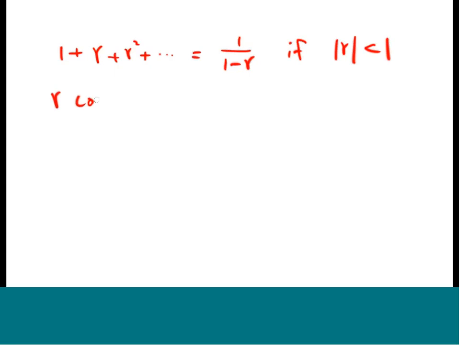So there is one thing about 1 plus r plus r squared plus and so on. It's going to be 1 over 1 minus r if the absolute value of r is less than 1. So r could be a complex number. We know this is true for the real number.